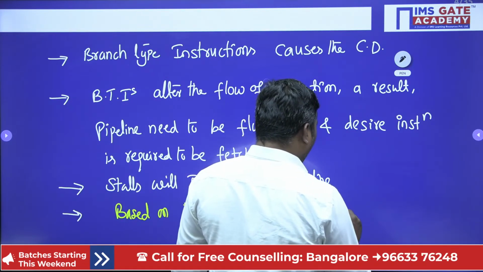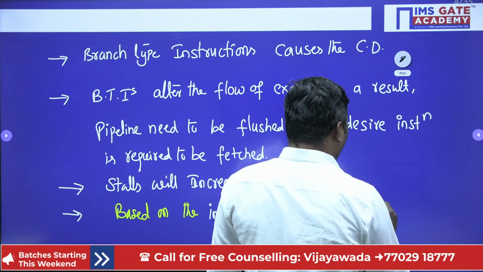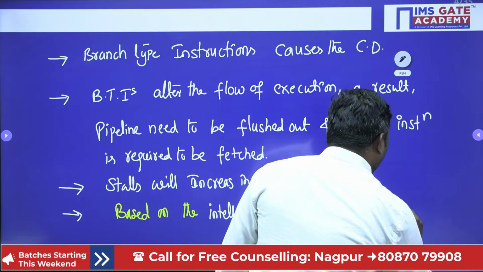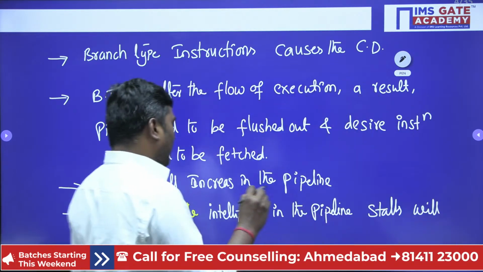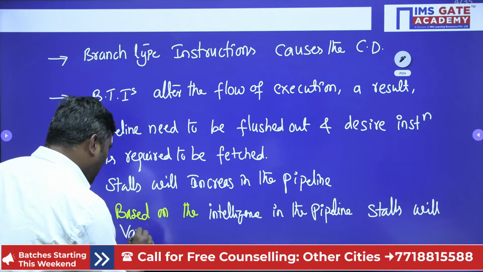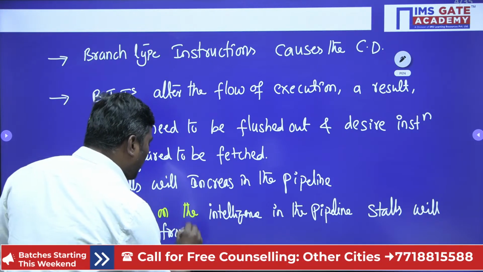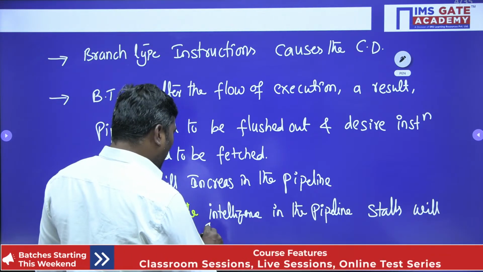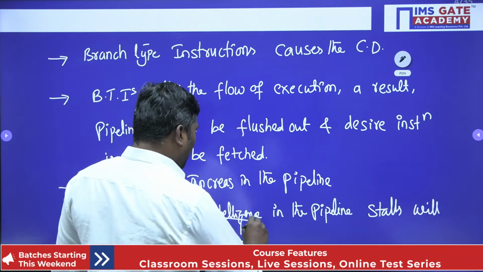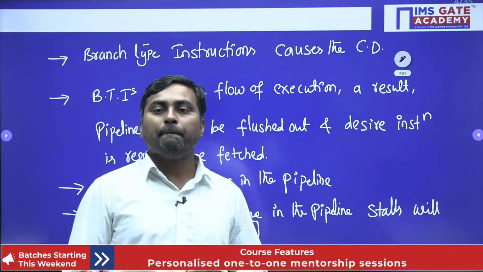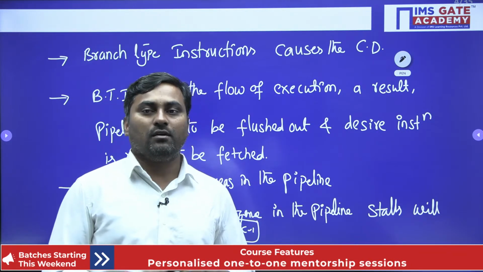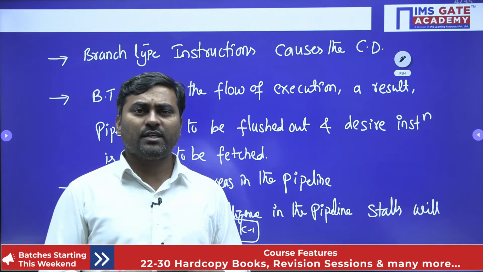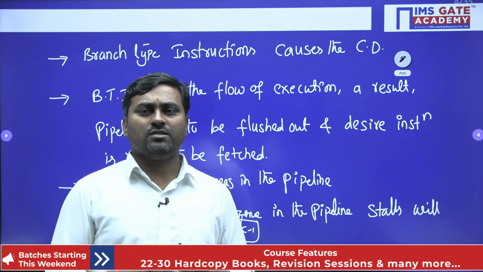The stall cycles will vary from a minimum of 1 to k minus 1, where k is the number of stages in the instruction pipeline.